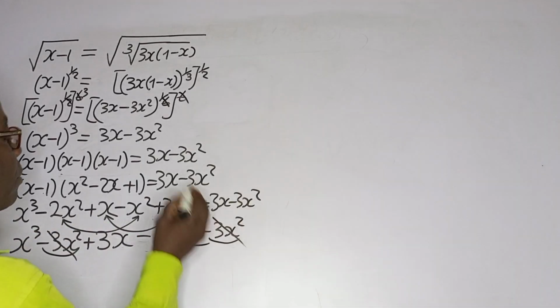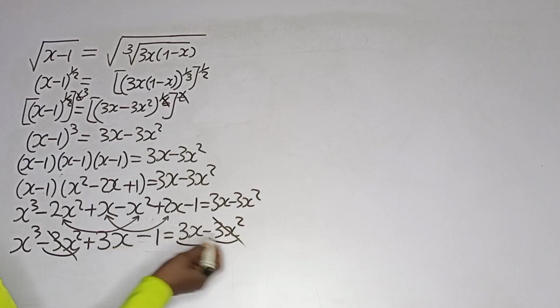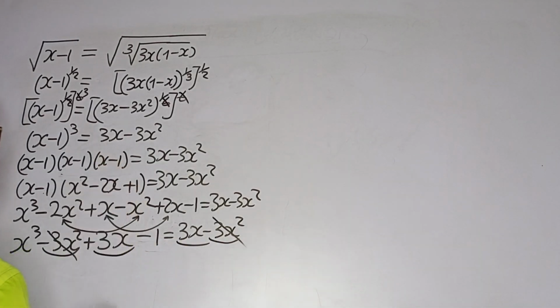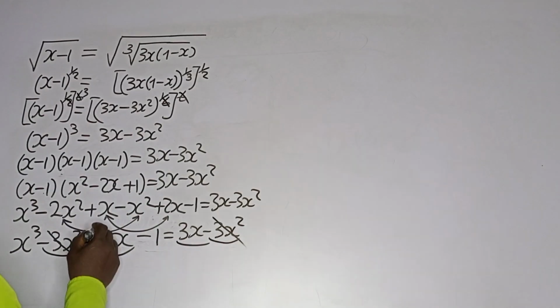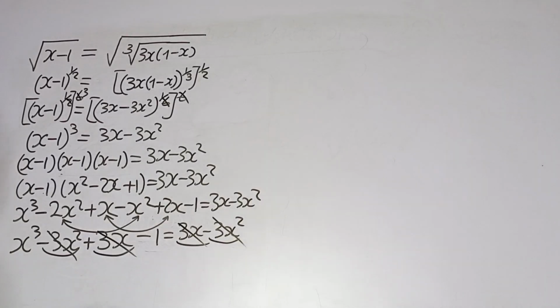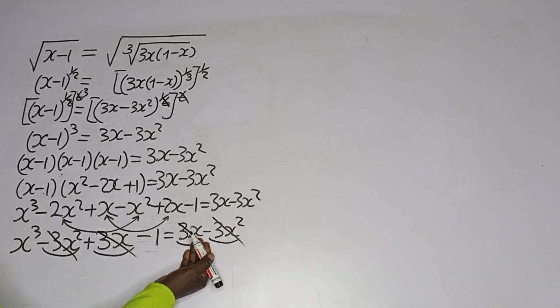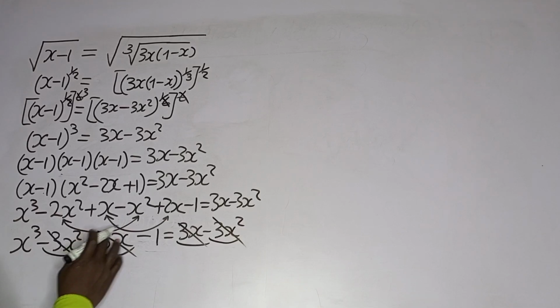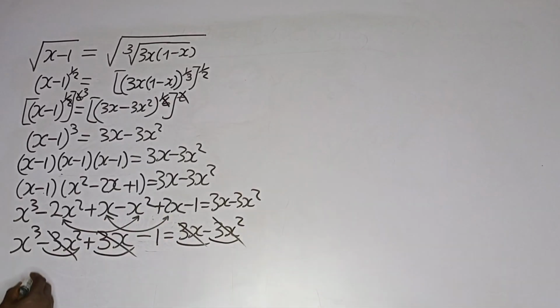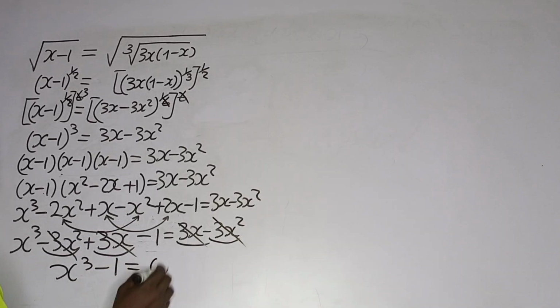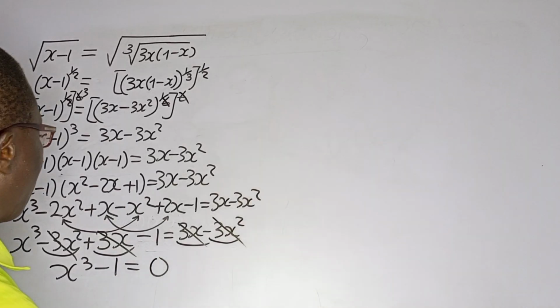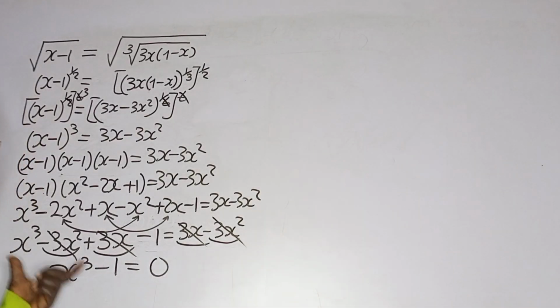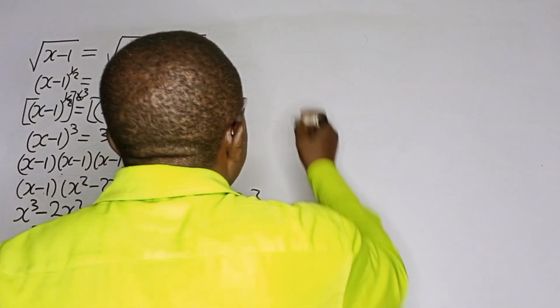Also, we have positive 3x on the right hand side and positive 3x on the left hand side, so they also cancel out. If you bring this 3x from the right hand side to the left hand side, it becomes minus 3x, so 3x minus 3x is 0. So finally, we obtain x cubed minus 1 is equal to 0. Okay, we'll get to this level.